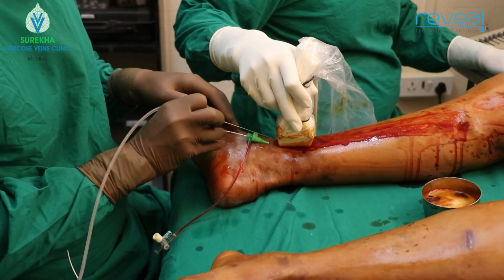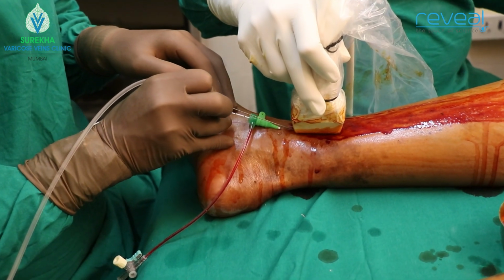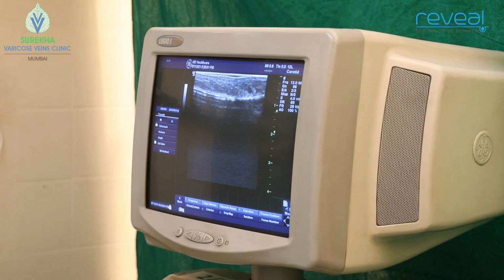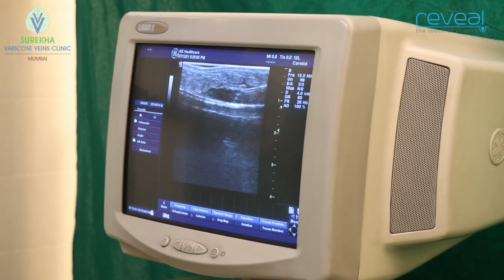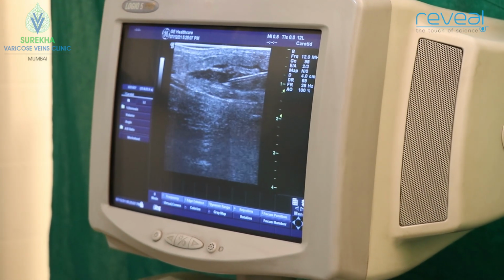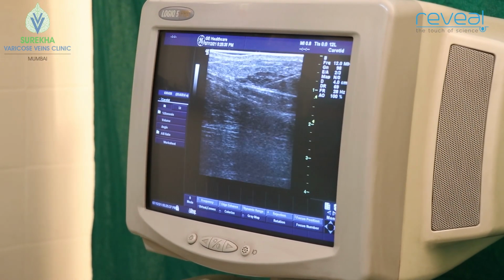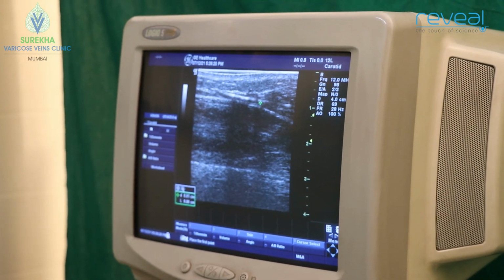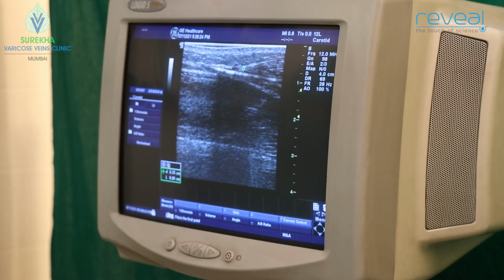Under sonography guidance, again, we will be going into the perivenous space, and as you can see on the sonography machine, I'm trying to locate my needle. Okay, so as you can see, this tumescent fluid is being applied. As I mentioned, the tumescent mechanical pump makes our job faster. I again introduce my needle under sonography guidance, and we have to keep doing this procedure till we reach the saphenofemoral junction.